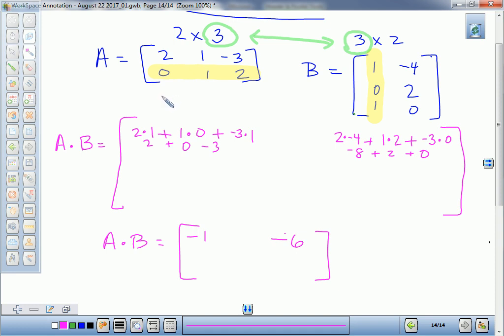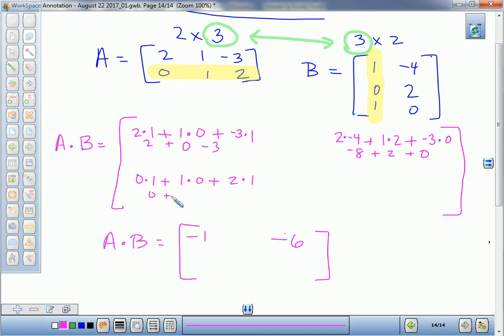And then we get 0 plus 2 plus 0, which is 2. Okay? So the product of matrix A times matrix B is a 2 by 2, and that's what we said it was going to be.